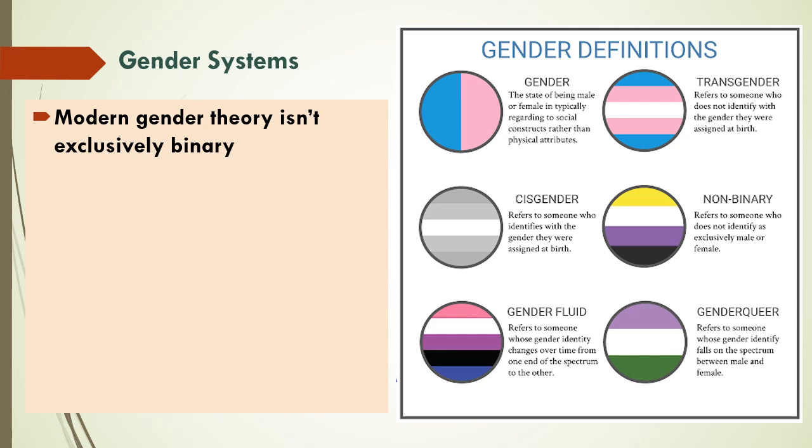So, for example, we've come to increasingly recognize transgender folks who have inside of them an idea of who they are, but it doesn't match what they were assigned at birth.